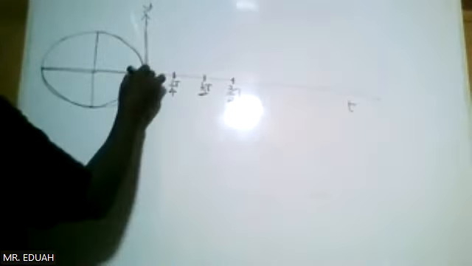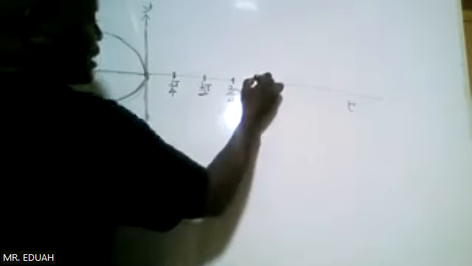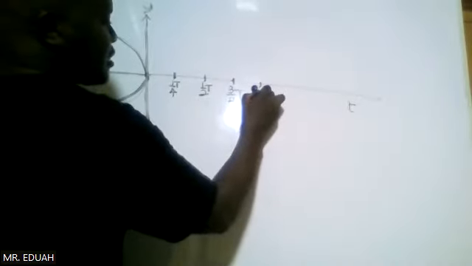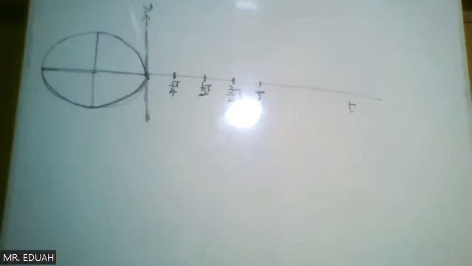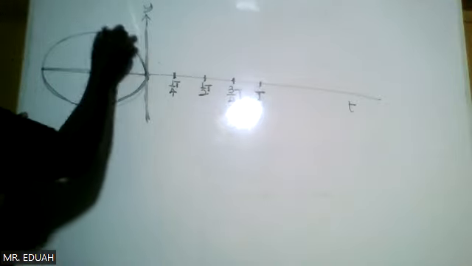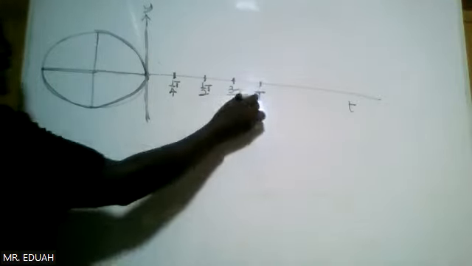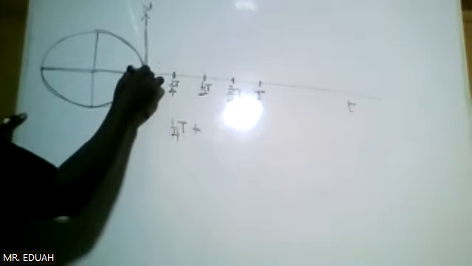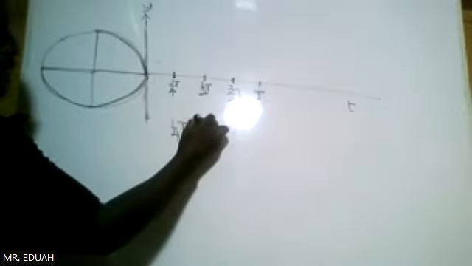When it comes back to where it started, we have the period. Now we are going to start again, adding a quarter to T.